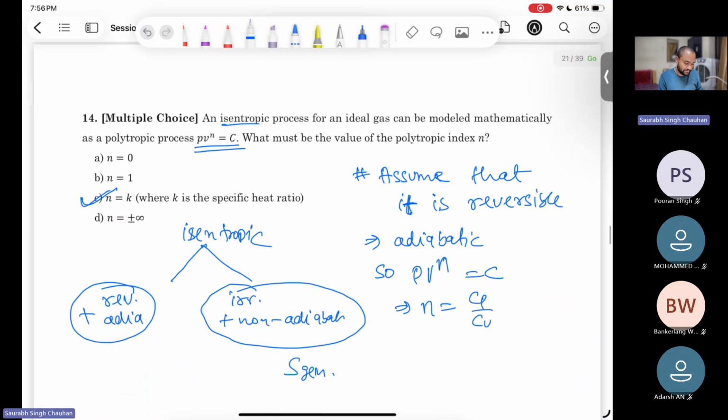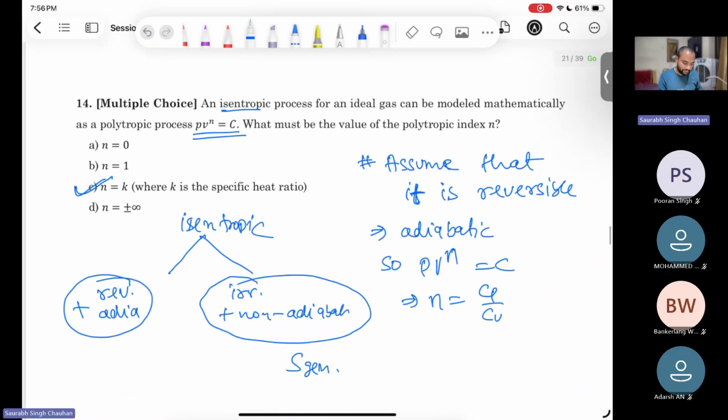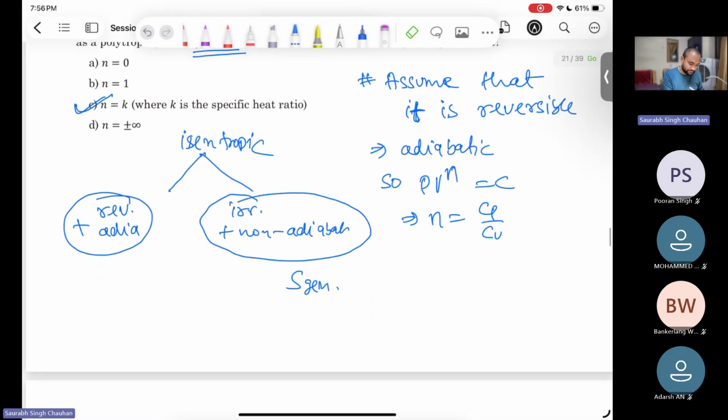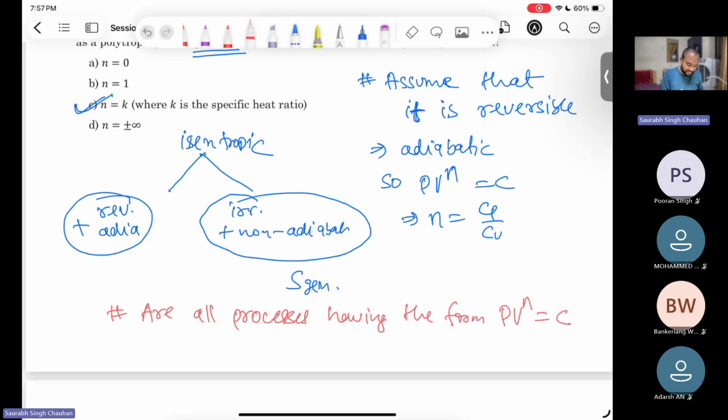And we need to check one more fact here that we can discuss in the next class. Are all processes having the form PV to the power n is equal to constant reversible?